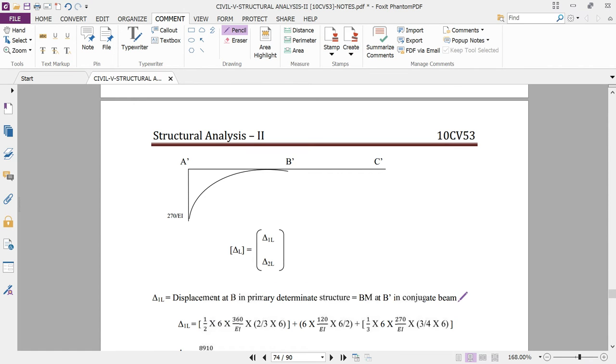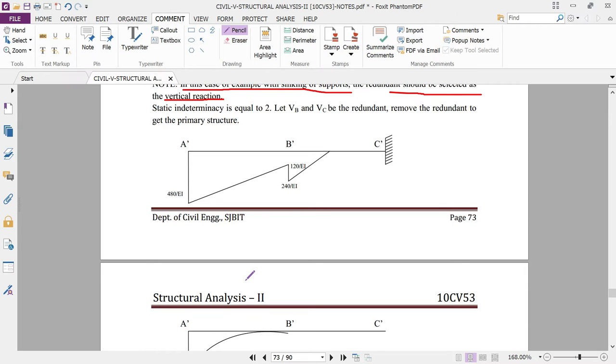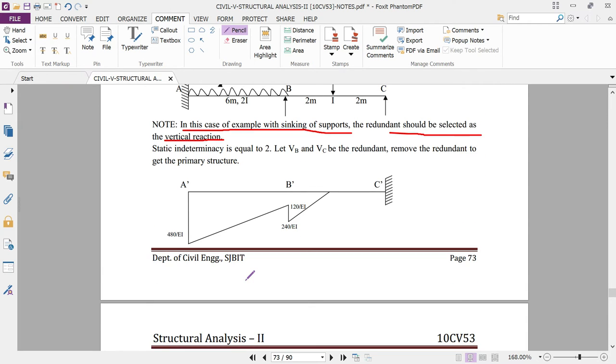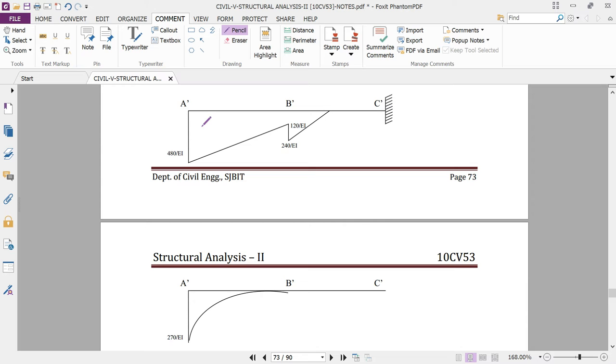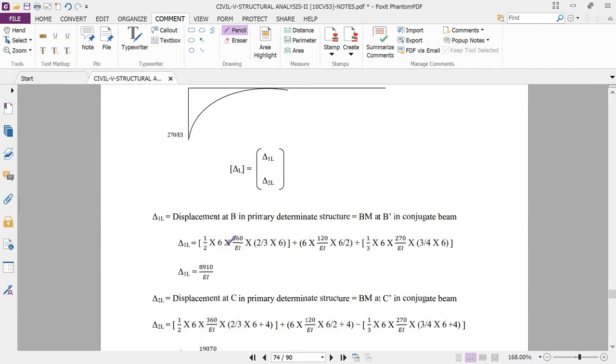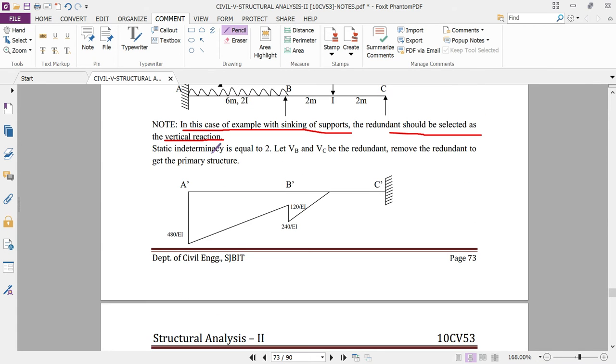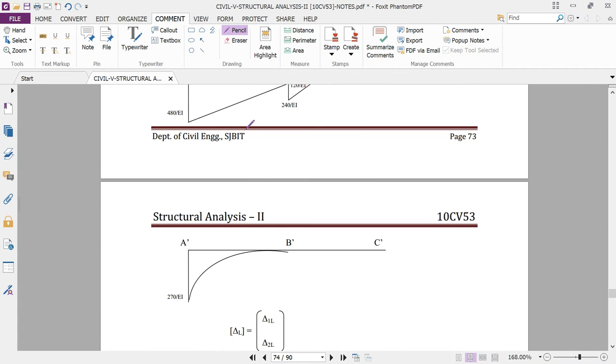In this case, delta 1L will be equal to half of this particular triangle, which we have to consider first. Then this second triangle we have to consider. Half into base into height, where the base is 6 meters and the height is equal to 360 divided by EI.